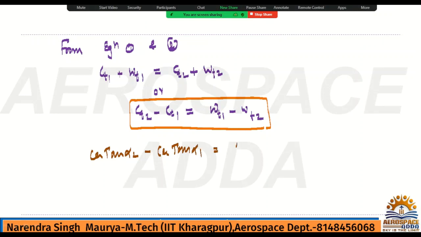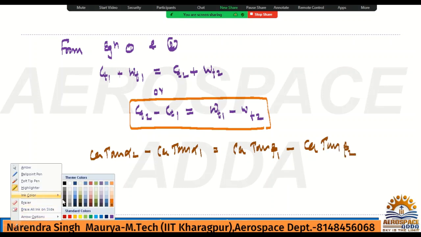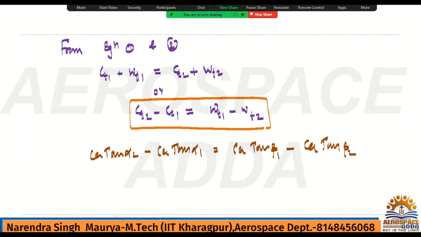What is WT1? CA tan beta 1. What is WT2? CA tan beta 2. You know CA is common because it's an axial machine, so definitely velocity will be constant for inlet and outlet triangle.